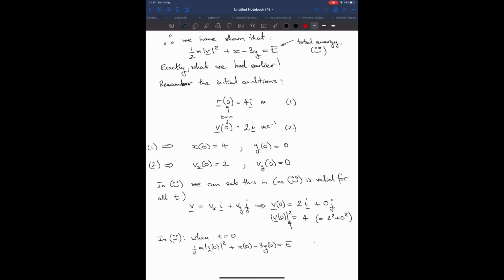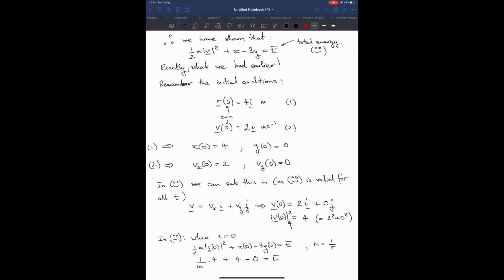Remember that m is 1/5, so I have 1/10 multiplied by 4, plus, I'm just substituting values in, it's as simple as that. Remember, x of 0 now is 4, and y of 0 is 0.